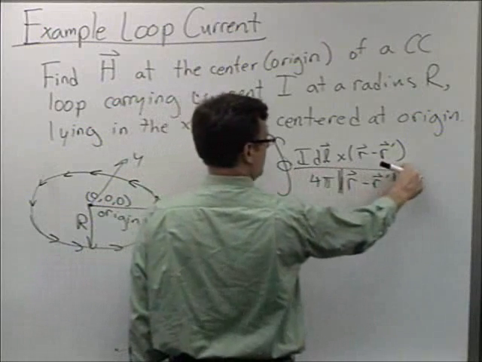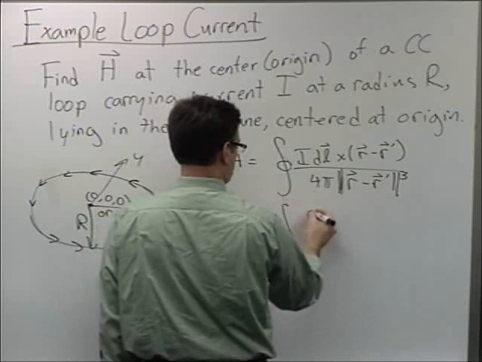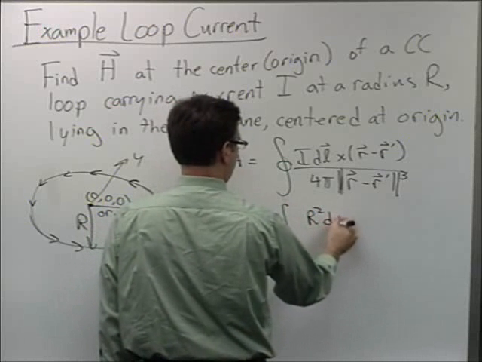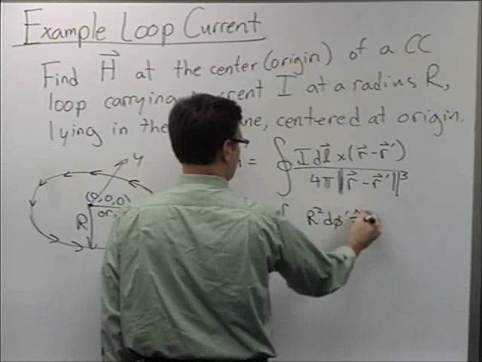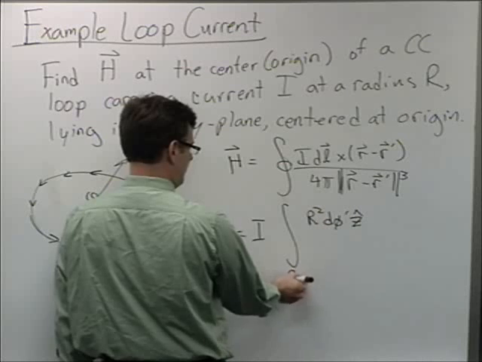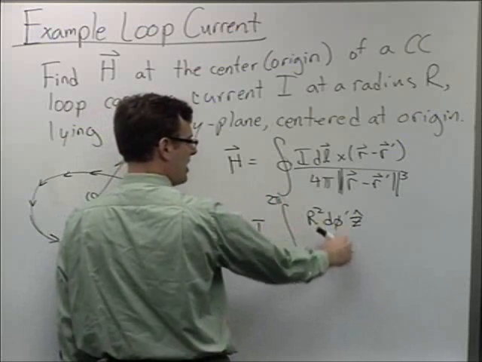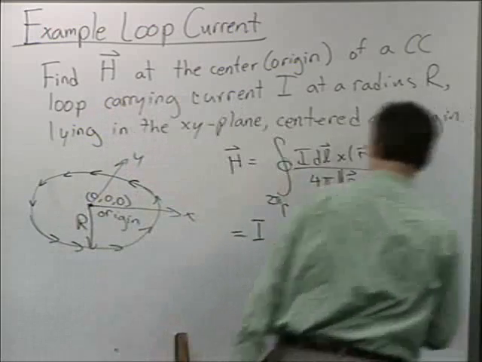This cross product we've already evaluated to be r squared d phi prime z hat. We're integrating with respect to d phi prime, going from 0 to 2 pi. This other stuff is just a constant, so I can take it out.